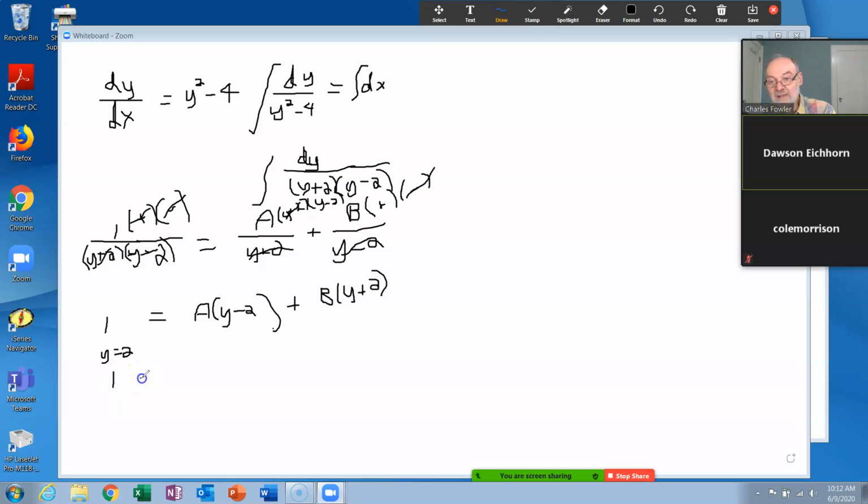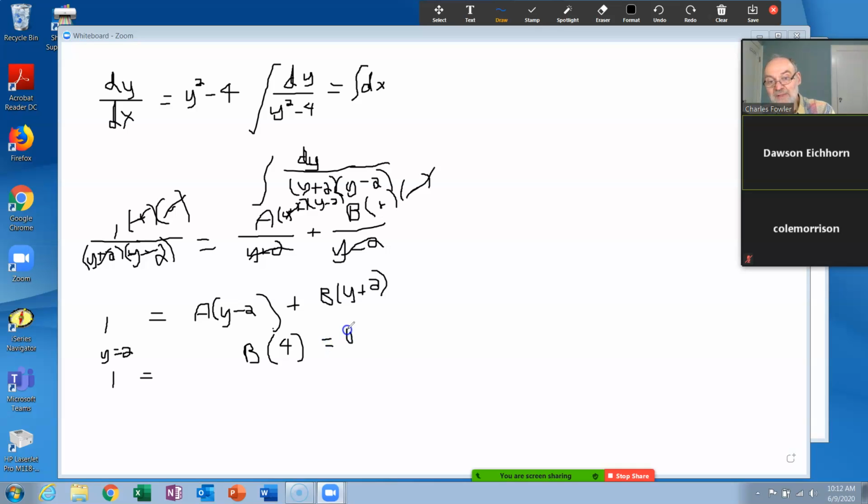1 is equal to, when y is equal to 2, this goes to 0, so this whole term goes to 0, and you're left with b times, remember y is equal to 2, so that would be 2 plus 2 is 4. Didn't know you'd be doing such high-level math today, did you? Okay, and what does that imply?